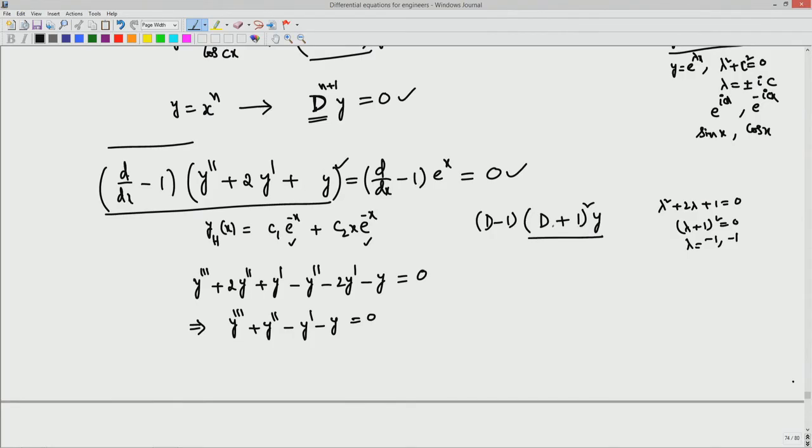If you expand (d/dx + 1) acting on (d/dx + 1) on y, so dy/dx + y, now you differentiate: y'' + y' plus 1 into this, so y' + y. So exactly that equation plus y.